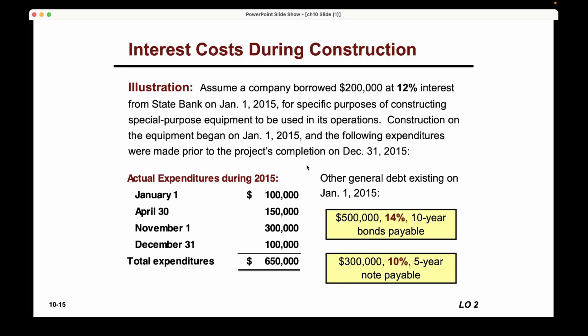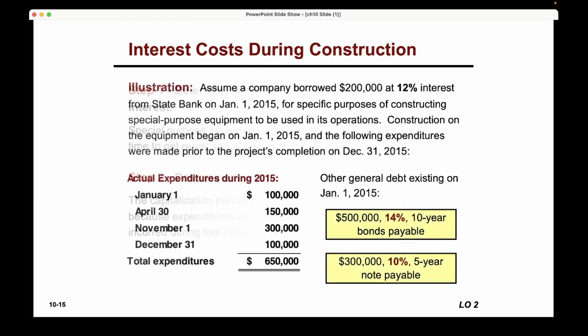Besides this information, we have other information on the existing debt of the company. So the company has 500,000 bonds payable with 14% interest, and 300,000 5-year notes payable at 10% interest.